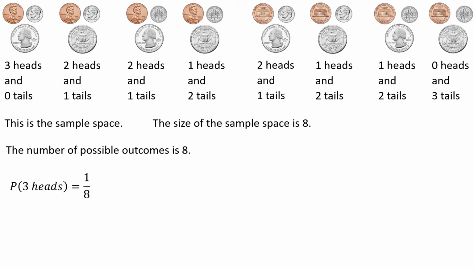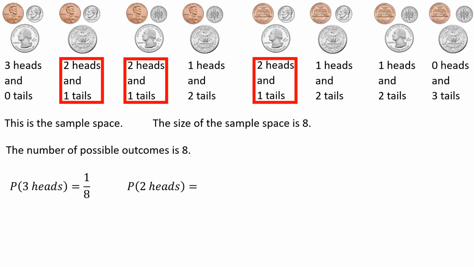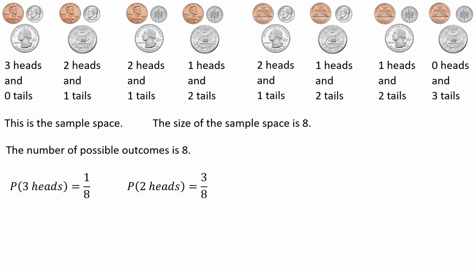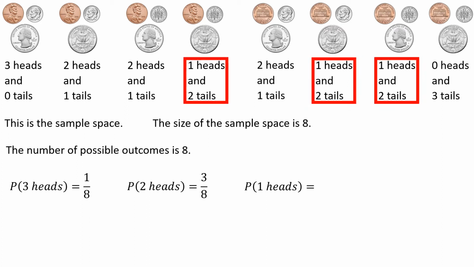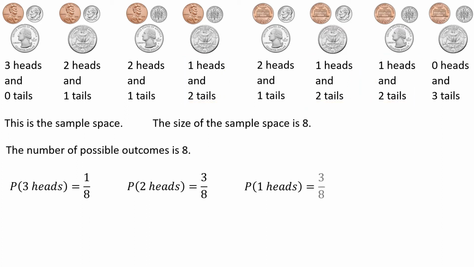Or if I throw all 3 coins up in the air at once and they all come down and land on the ground, the probability that exactly 2 of them are heads, 3 different ways it can happen, 3 out of 8. The probability that exactly 1 of those coins is heads, 3 ways that can happen.